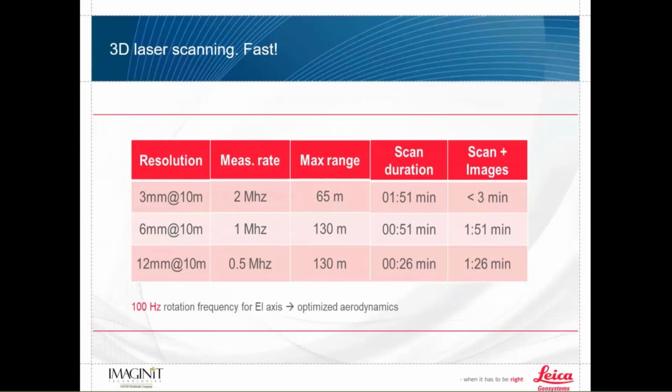If I add the photographs, it's about 2:42. On a 6mm scan, which is a medium setting, that's 51 seconds data only, or 1 minute and 51 for pictures. And then the last one's 26 seconds, 1:26. So the pictures really only take about 1 minute, and those are HDR.